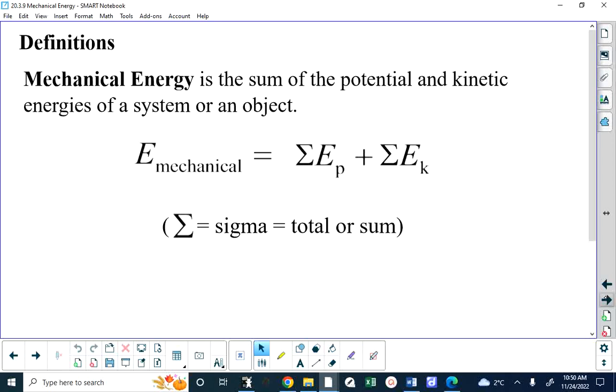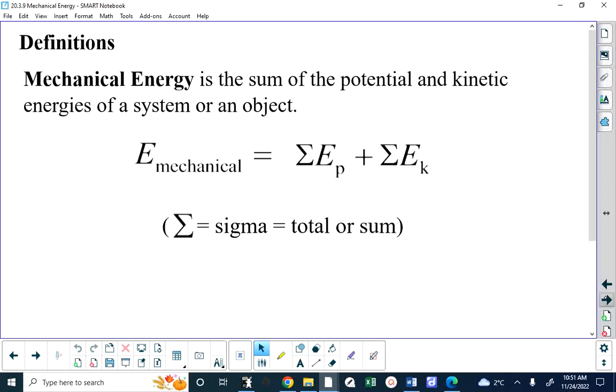But would you agree that at its highest point, it has potential energy? So if I wanted to find the mechanical energy of this pendulum here, I would take nothing for the kinetic plus mgh for the potential. Are you with me? Would you agree that at the lowest point, right here, it has no potential energy, but it has kinetic energy? So the mechanical energy at the bottom would be just 1/2 mv squared.